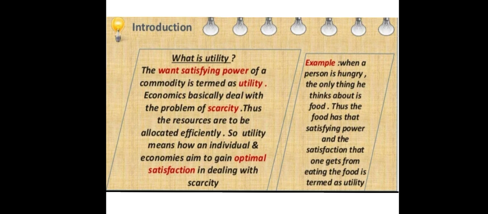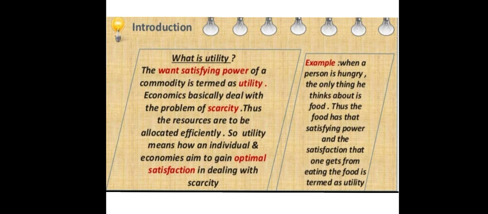That satisfaction which you got after eating that one slice of pizza is the utility derived from eating it. So utility means the want-satisfying power in a commodity. किसी भी commodity को consume करके जो आपको satisfaction मिलती है, किसी भी commodity में wants को satisfy करने की जो power है, that is known as utility.